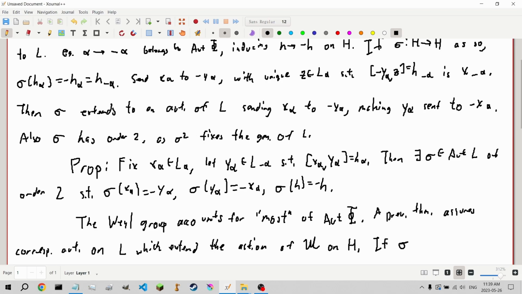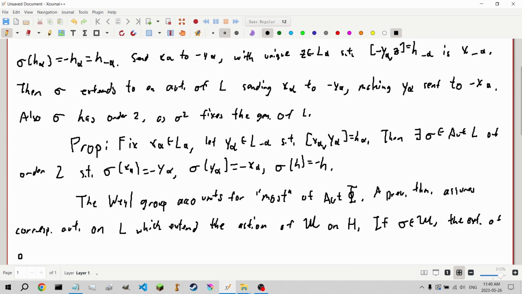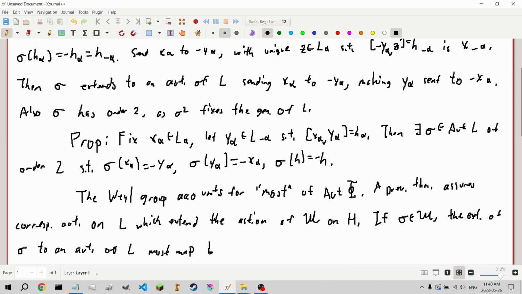If sigma is a symmetry in the Weyl group, then the extension of our sigma to an automorphism of L must map the root space of a root beta to the root space of the image of that root beta under sigma.